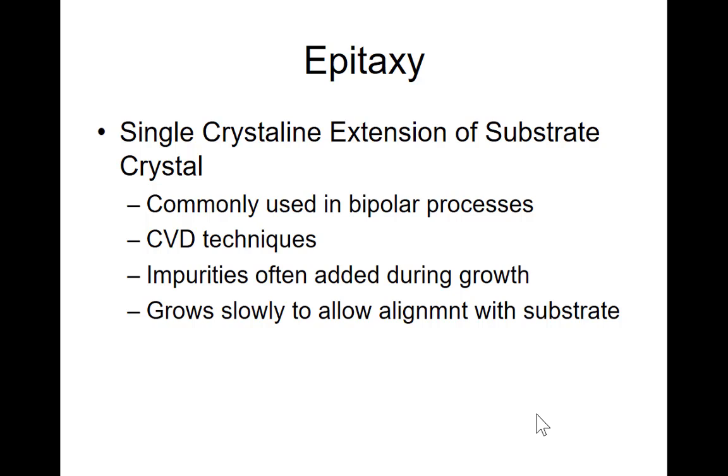Then you deposit silicon on the silicon, and the substrate silicon is a single crystal substrate. So when you deposit a little bit on it at a certain temperature, the deposited silicon will try to align the cell with the crystal, and then the crystal structure grows upwards.